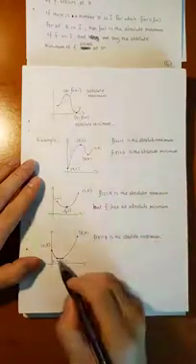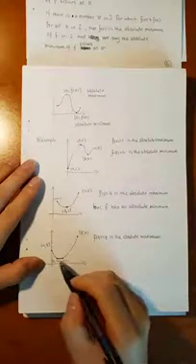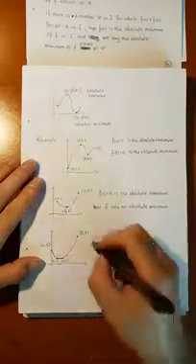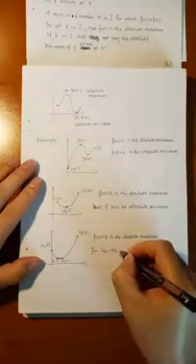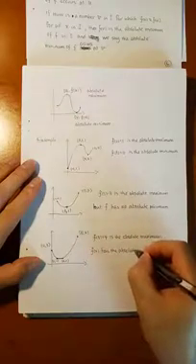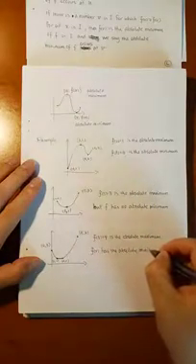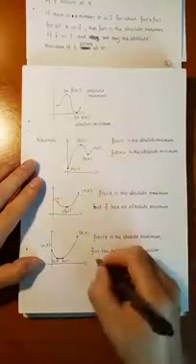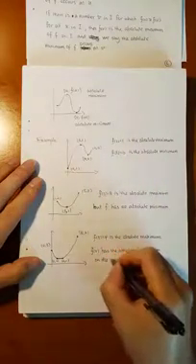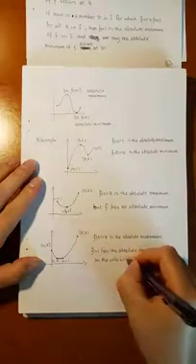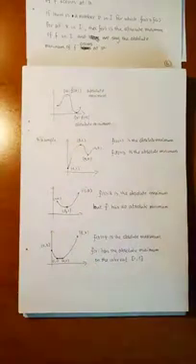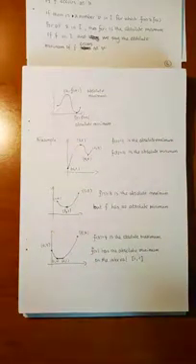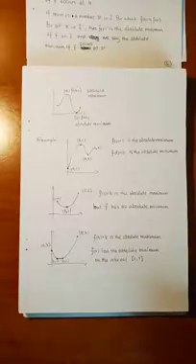And for the absolute minimum, every point on this horizontal segment will give us the absolute minimum. So f(x) has the absolute minimum on the interval [1, 2]. Every point, because it's a constant, all the values are the same. They are all absolute minimum values.